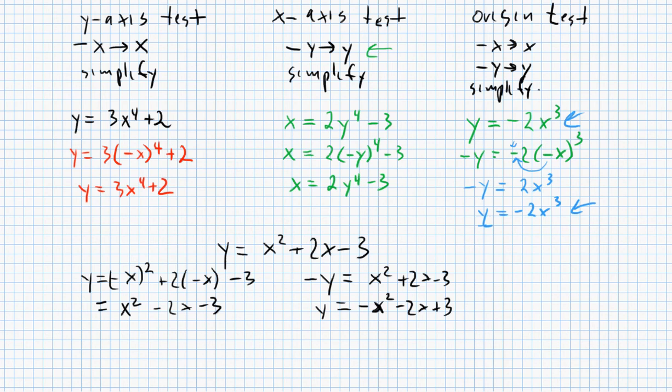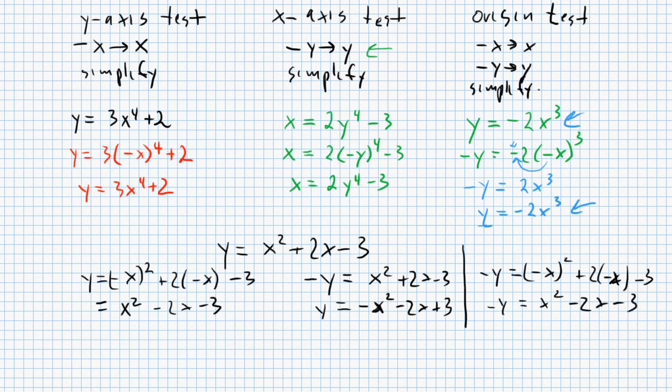And in a similar way, for the origin test, we put opposite y in for y, opposite x in for x. And you can see that this is opposite y, this is x squared, that's minus 2x, that's minus 3.